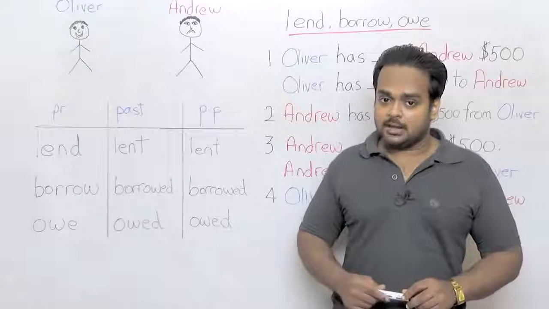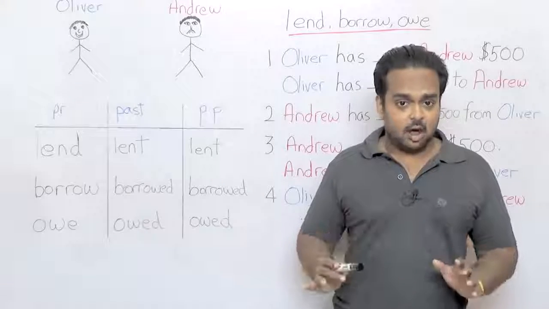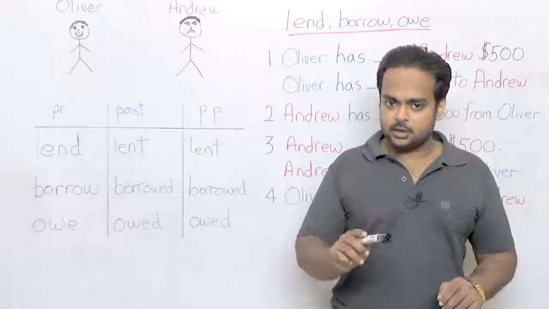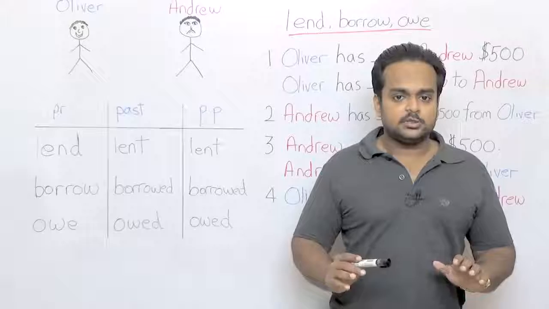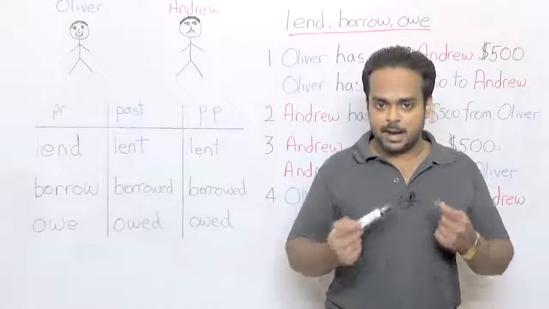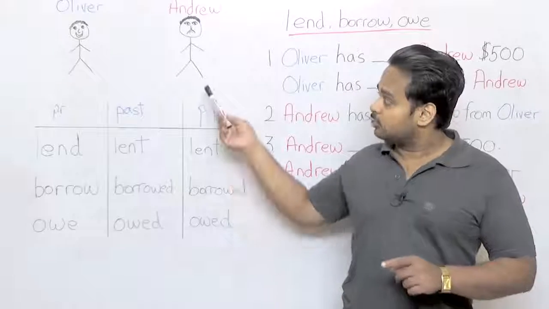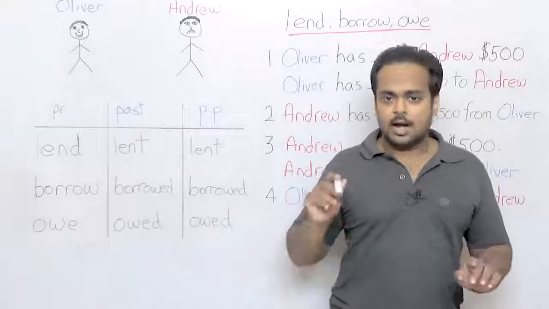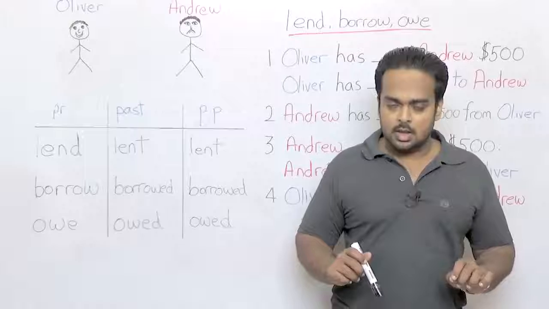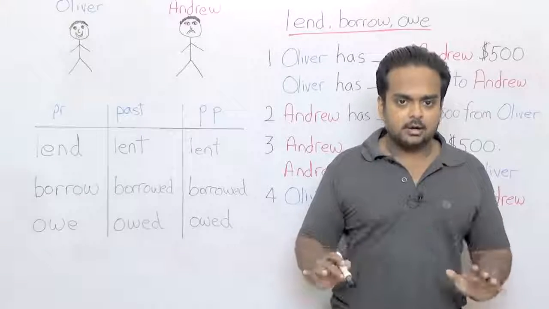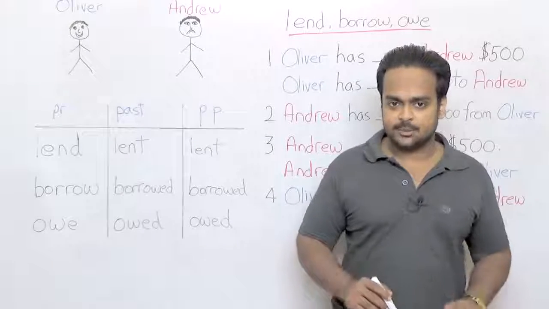So Oliver replies, "Well, that's a lot of money, but I'll tell you what, I will give you $500, but only if you promise to repay the money back to me." And Andrew says, "No problem. I promise if you give me $500 today, I will repay the entire amount in 2 weeks' time."